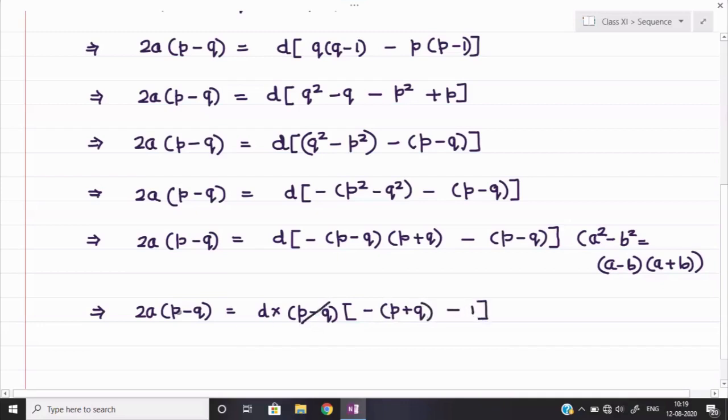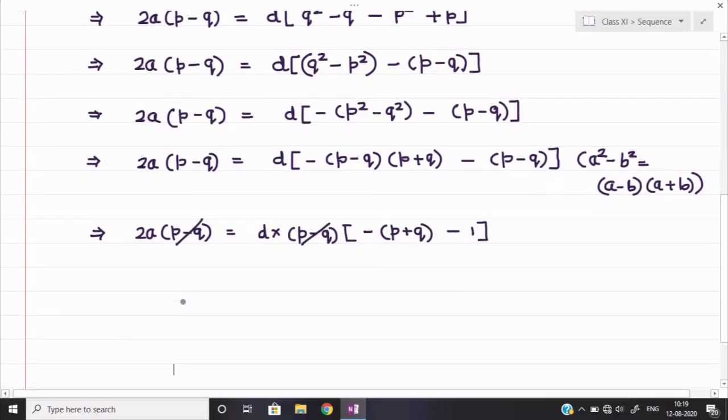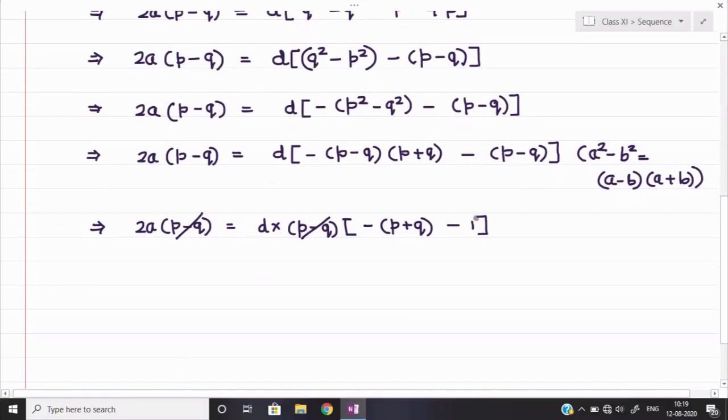Now p minus q and p minus q cancel. Now see, in these two terms I can take the minus sign common, because here also a minus sign is there and here also we have the minus sign. So it will remain 2a is equal to d into the bracket.